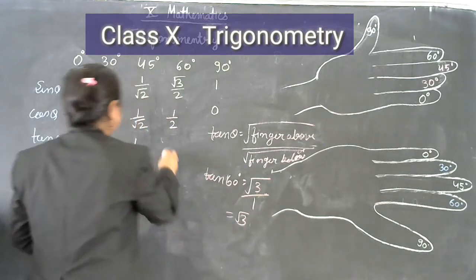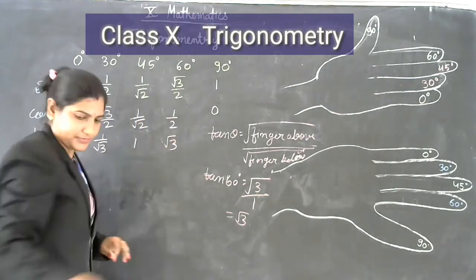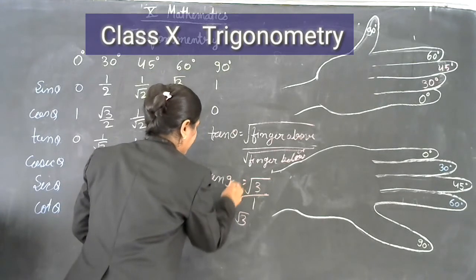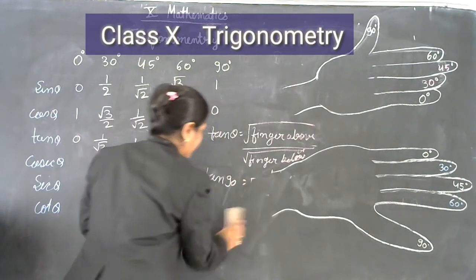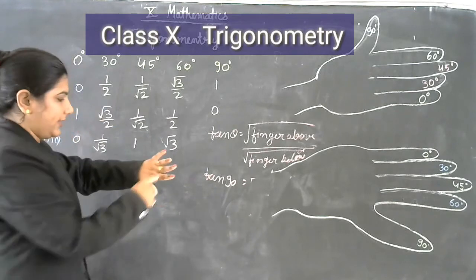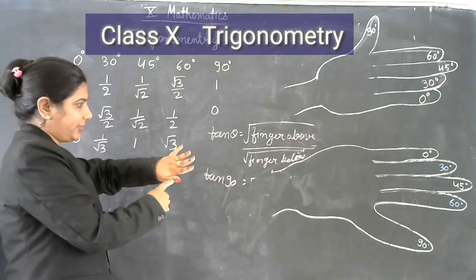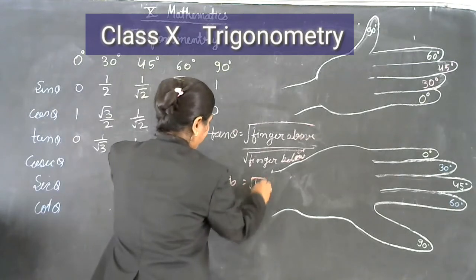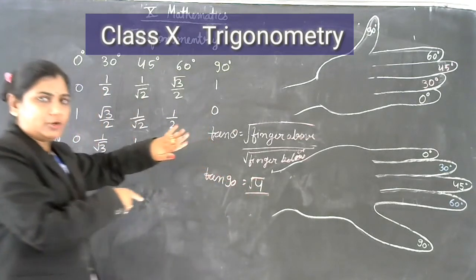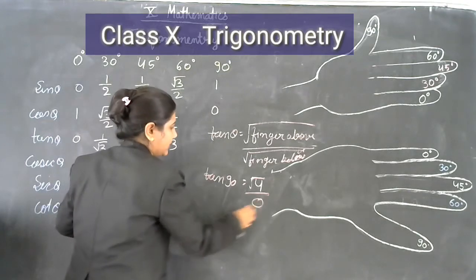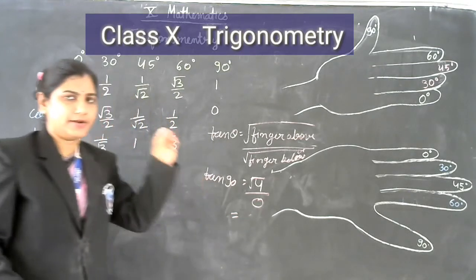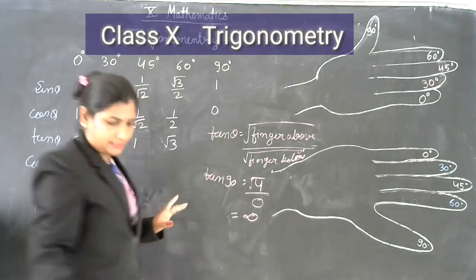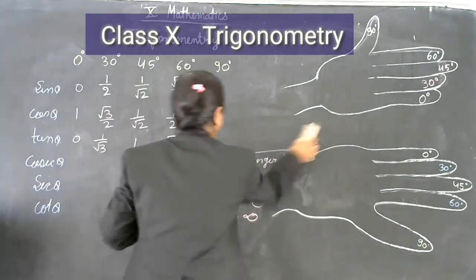Tan 60 equals root 3. For tan 90, infinite.